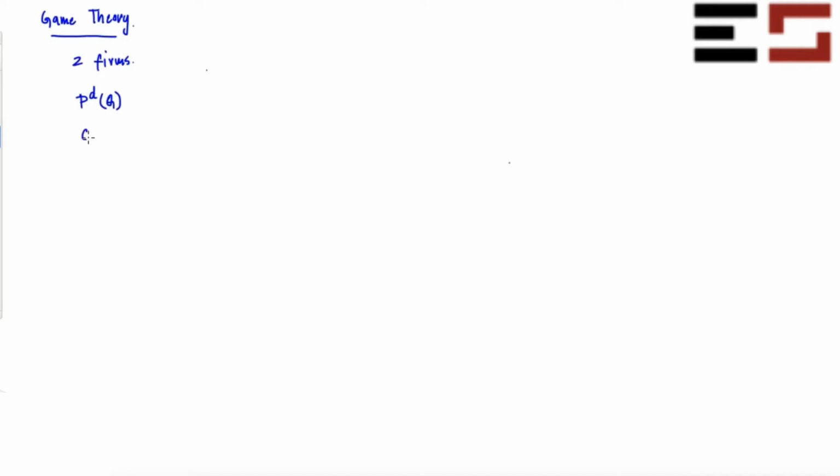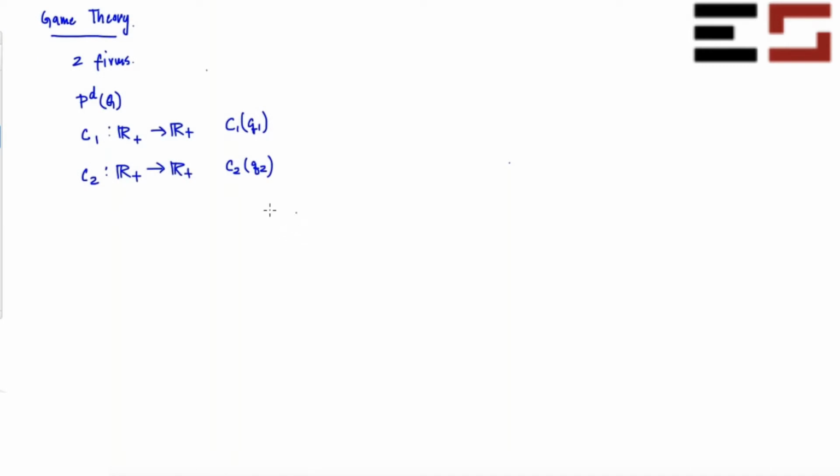Let us say that there is a cost function C1 of firm 1 and C2 of firm 2. C1 is a function from R plus to R plus, and C2 is also a function from R plus to R plus. So C1 is a function of Q1 and C2 is a function of Q2, where Q1 is the quantity chosen by firm 1 and Q2 is the quantity chosen by firm 2.